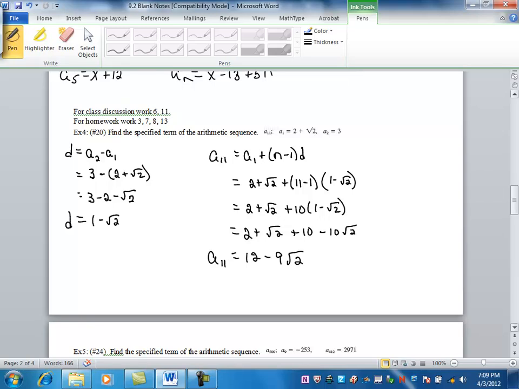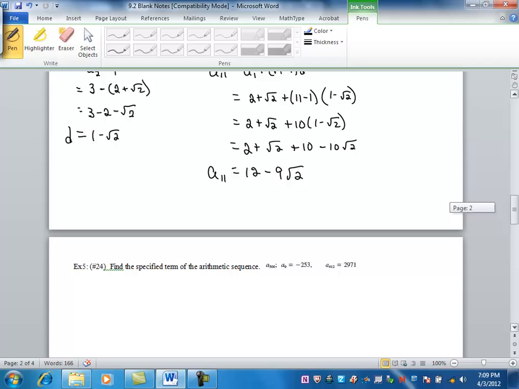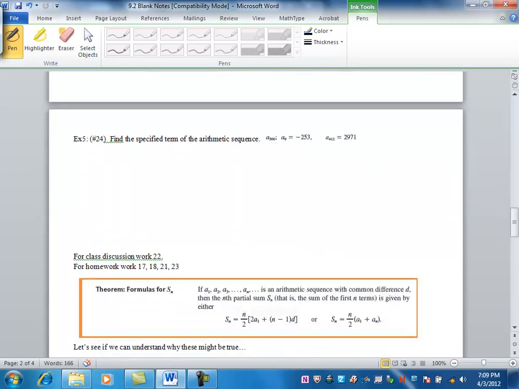Moving along here. Notice what they did. They want us to find the 500th term, and they have given us the 9th term and the 412th term.